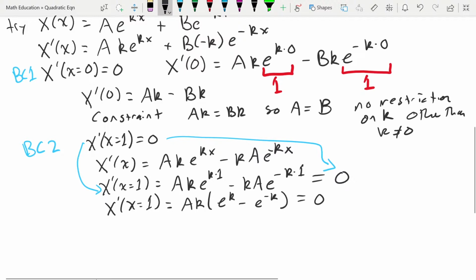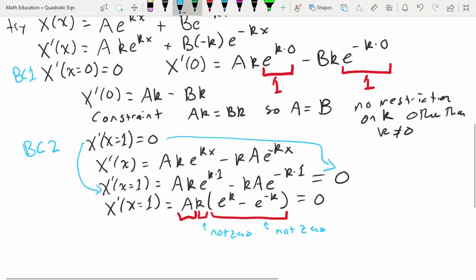is equal to 0. So that means that a could be 0, k could be 0, or this quantity e to the k minus e to the negative k is 0. So we know that this is not 0, and that this is not 0.